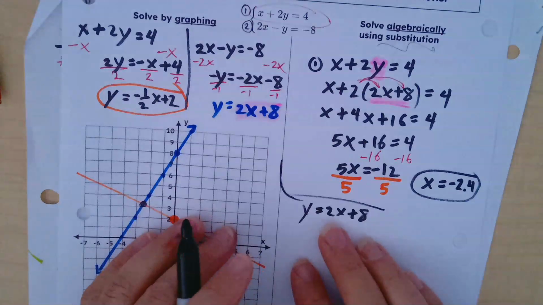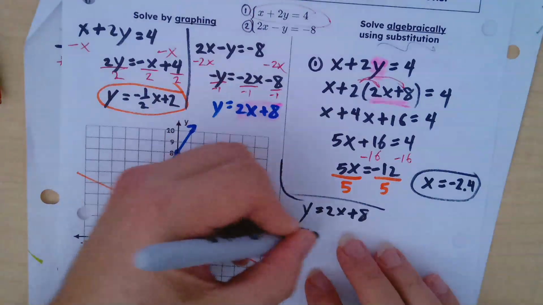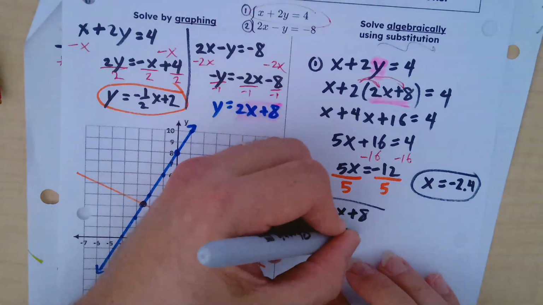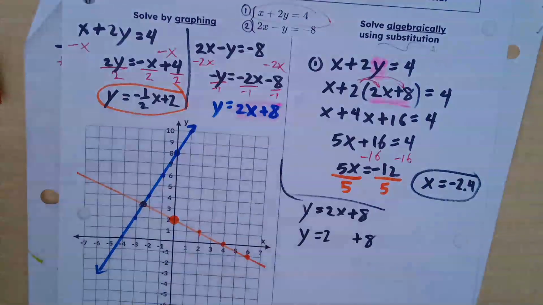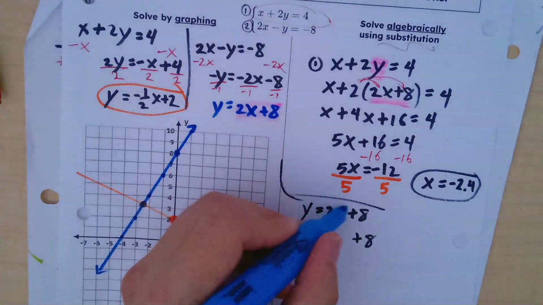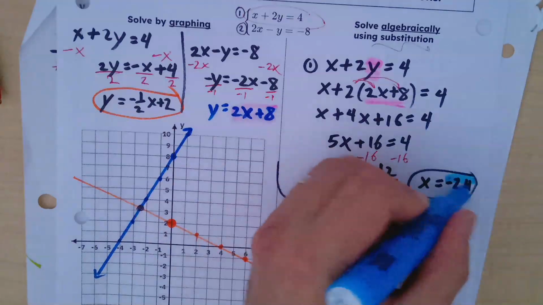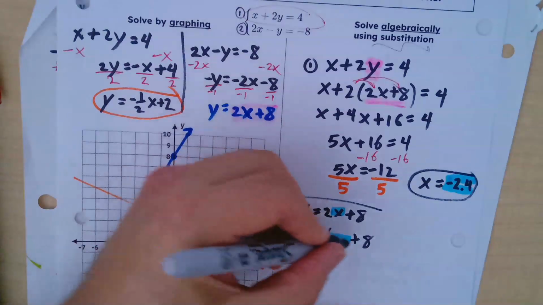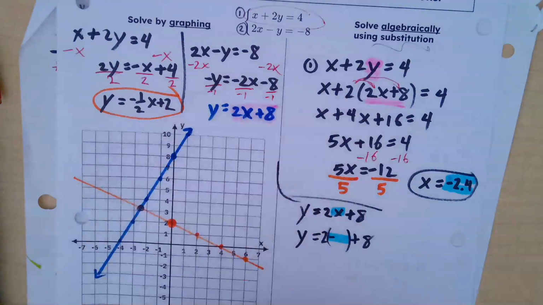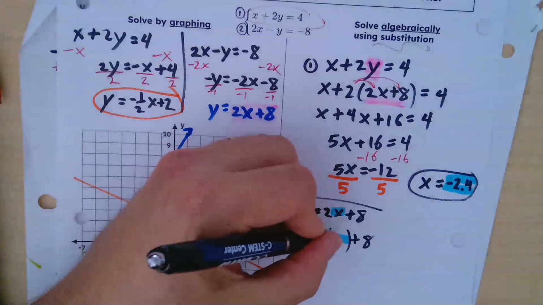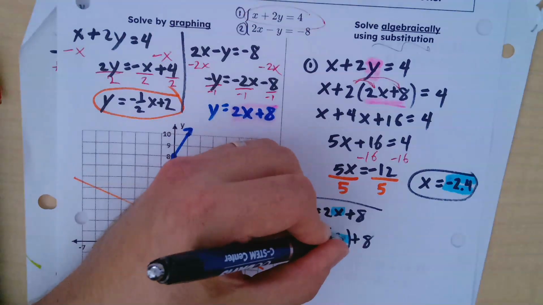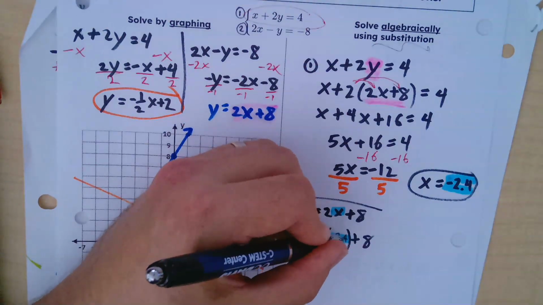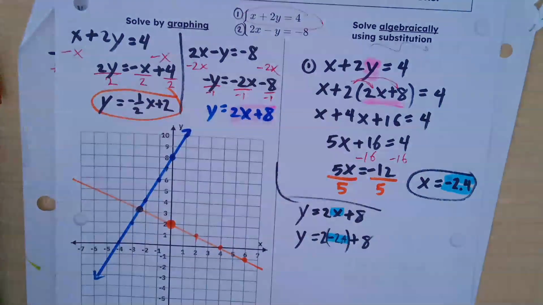Okay, and then I'm going to replace x. I'm going to replace this x here with negative 2.4. Okay.